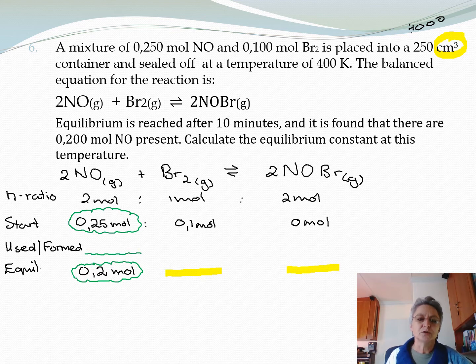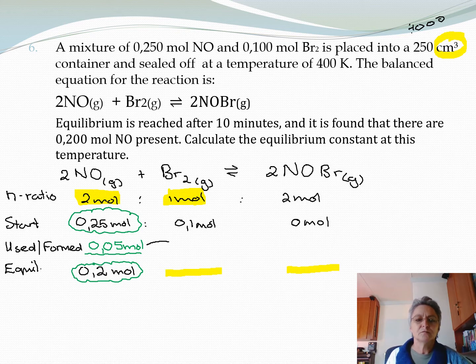So 0.25 minus 0.2 is 0.05 mole that was used. Then we're going to use the ratio. 2 moles of nitrogen monoxide reacts with 1 mole of bromine to figure out what the amount of bromine would be.